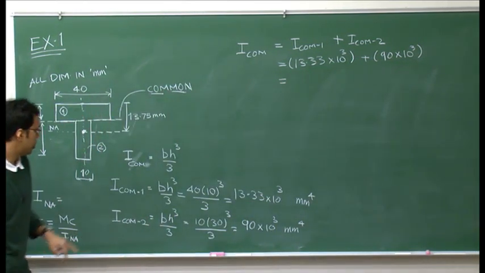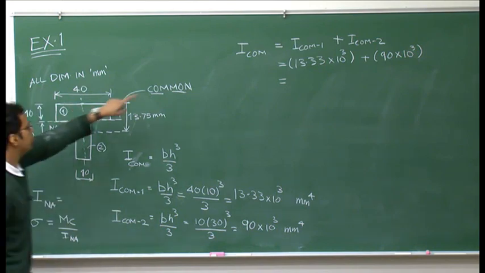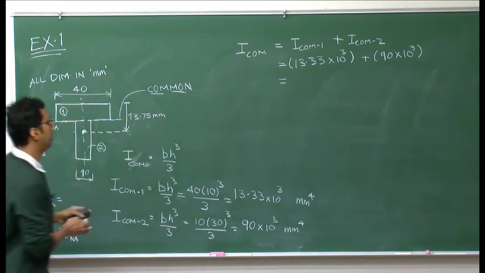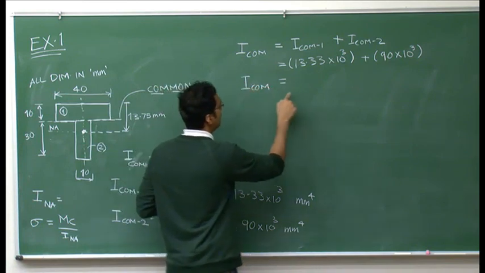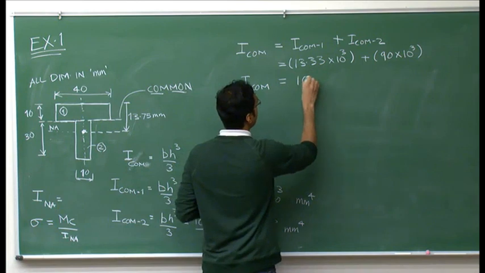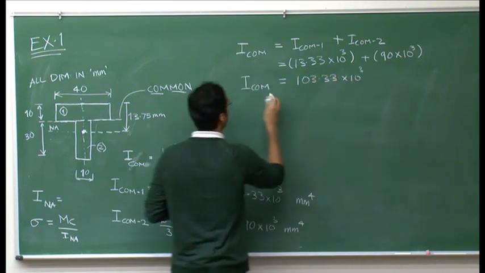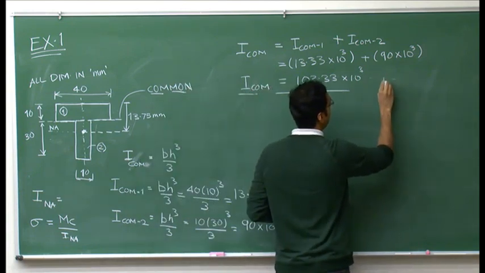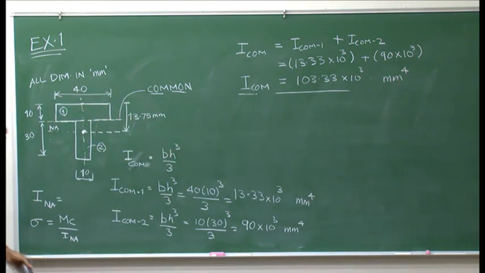So we are going to add the moments of inertia of these two rectangles. If we do so, we get I_COM, which is the moment of inertia of this entire composite area or entire T section, and this number becomes 90 plus 13, which is 103.33 into 10 to the power 3. So the units are millimeter 4th.